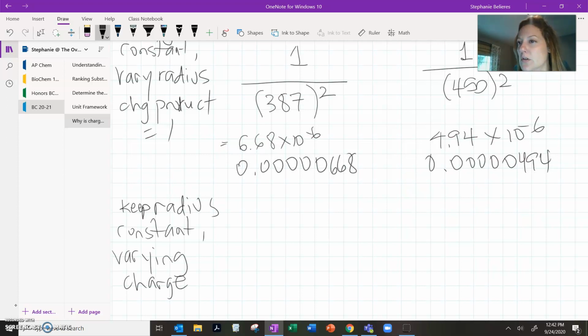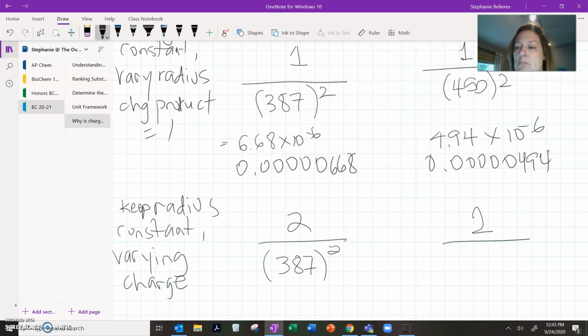This is scenario number 2. I'm going to say that the product of substance 1's charge, Q1 times Q2, is equal to 2, and I'm going to use that radius in the denominator. Substance 2 is 1. I'm still saying they have the same radius so that we're looking only at the impact of the charge.